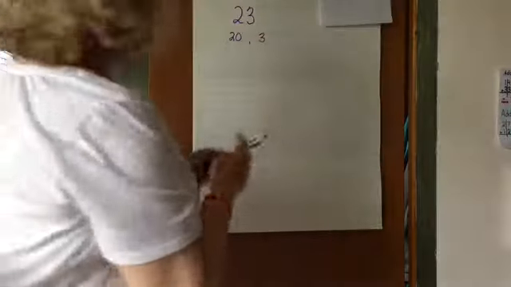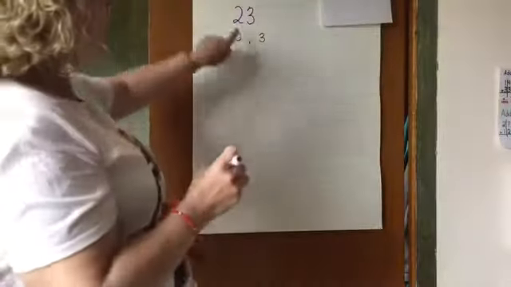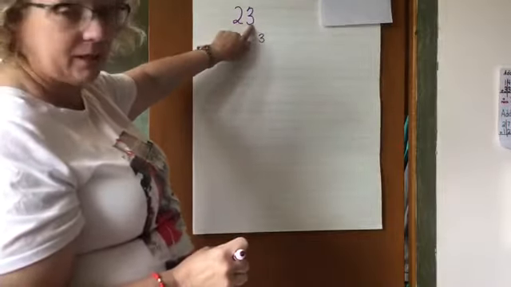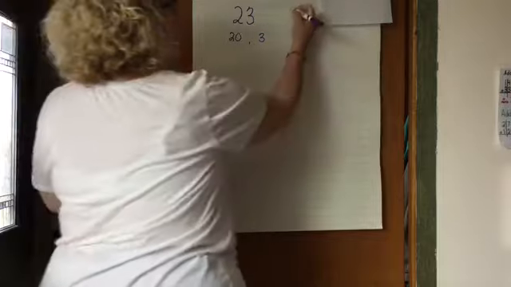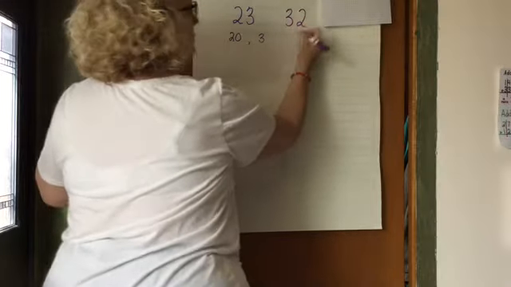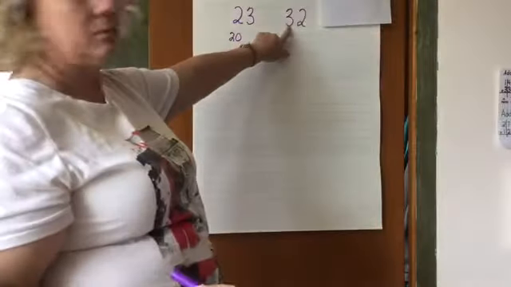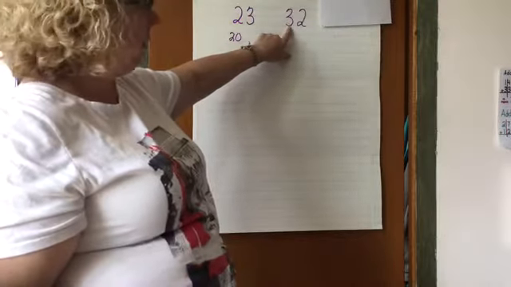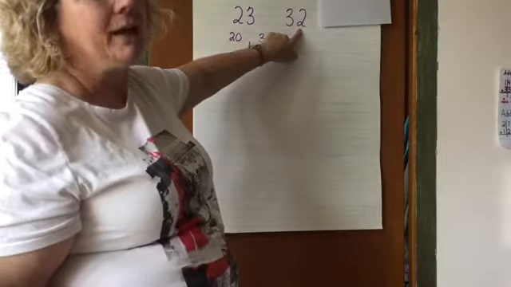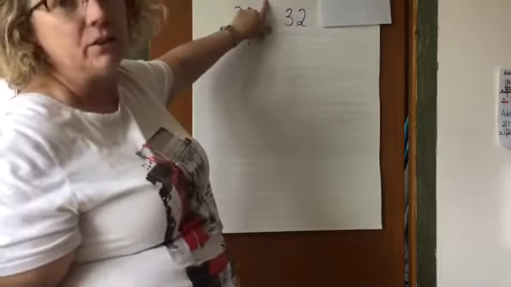We could do that. But if we know that it matters that the 2 is here and the 3 is there, and it makes a completely different number if we switch them, 3 tens and 2 ones, that's a completely different number. It has a different value.